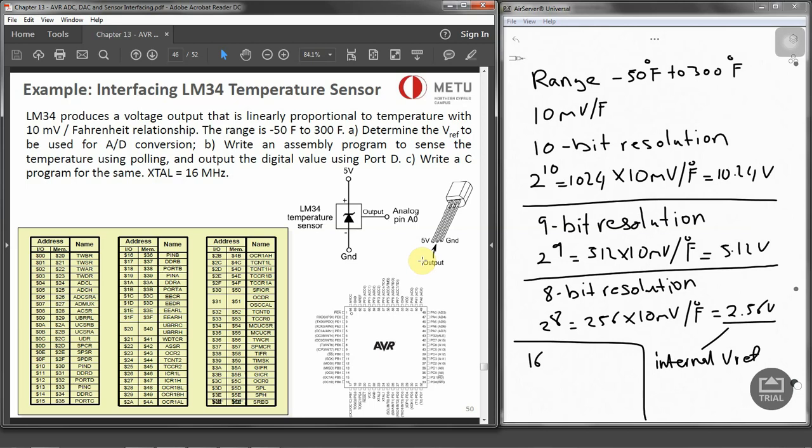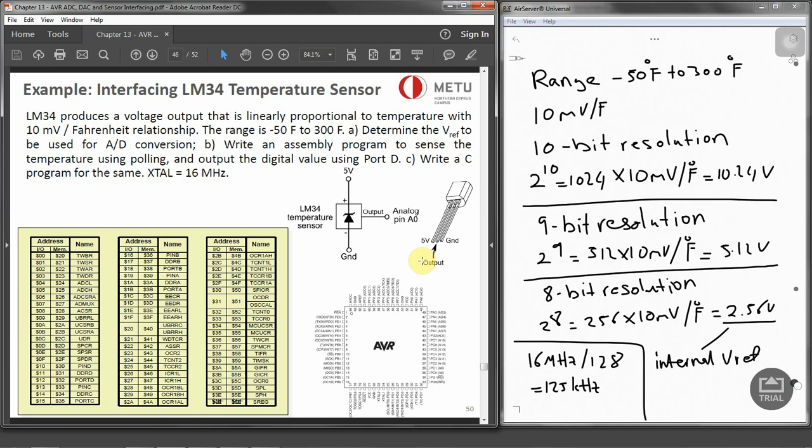So 16 megahertz, when divided by 128, will give us 125 kilohertz frequency for ADC, which will be enough, and we'll get a good accuracy for analog to digital conversion.